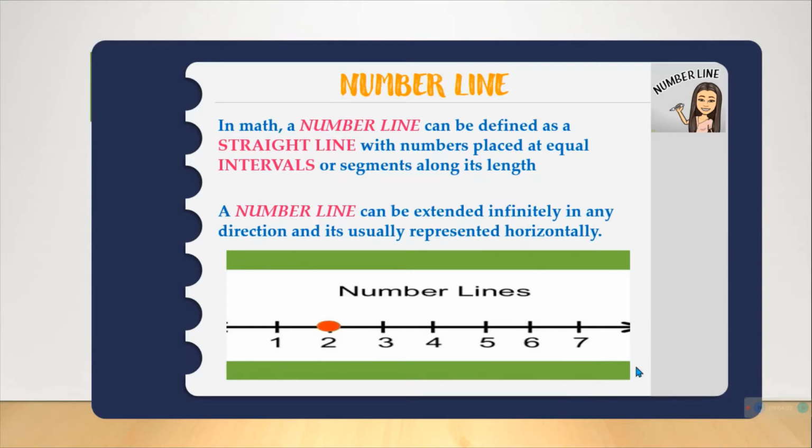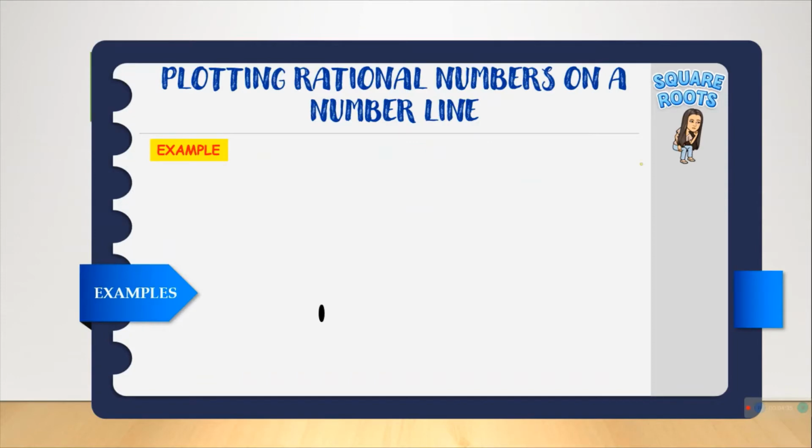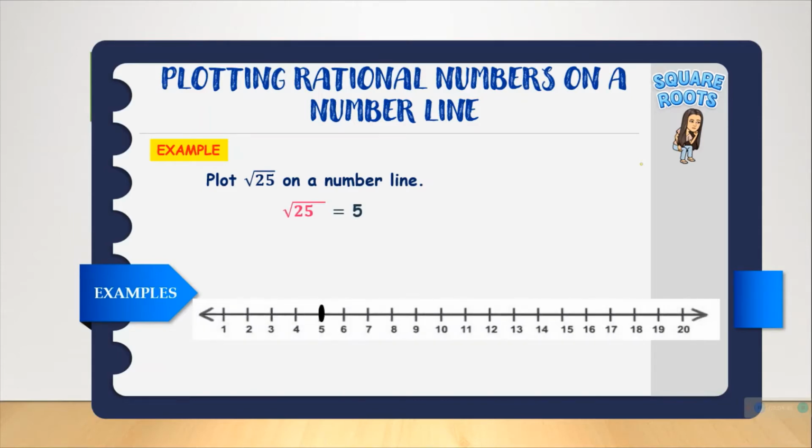When we plot a number on a number line, for example a rational number, this is how it will look. For example, we plot the square root of 25 on a number line. The square root of 25 is equal to 5. So, this is our number line.